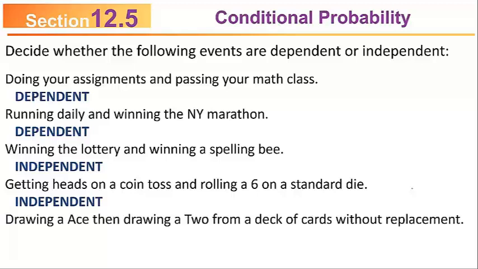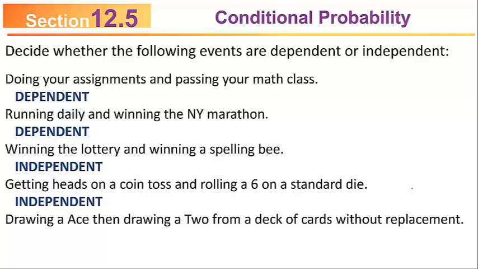How about this? Drawing an ace, then drawing a 2 from a deck of cards without replacement. Now think about this. If you draw an ace out, you don't replace it, and then you draw a 2, that does affect the probability because since you didn't put that ace back in, you're only drawing from 51 cards the second time.